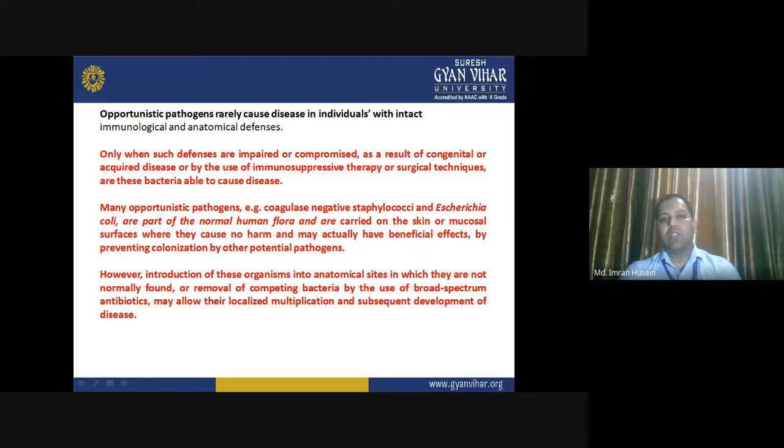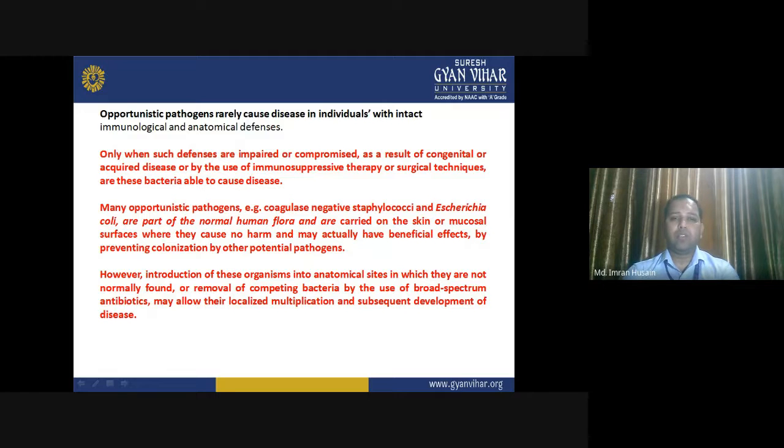This chance might arise because of immunosuppressive therapy, surgery, or any other condition. These opportunistic pathogens always seek such a chance.